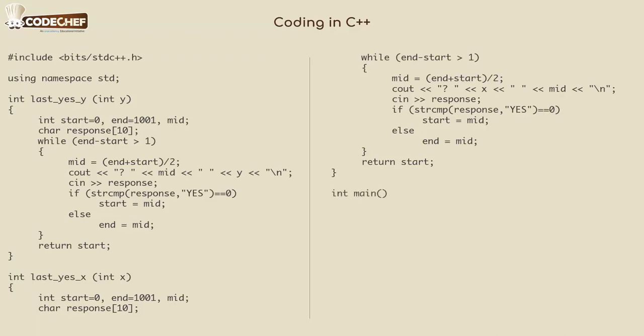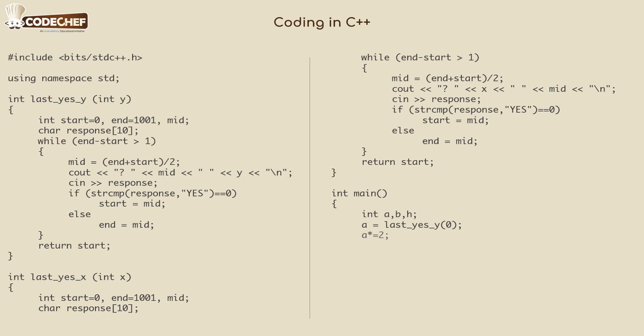In the main, we need to declare three variables a, b and x for square side, triangle base and triangle height respectively. Now we can find a by 2 using last yes y at 0. That means last yes at the line y is equal to 0. Since we are getting a by 2 using this, we need to multiply it by 2.